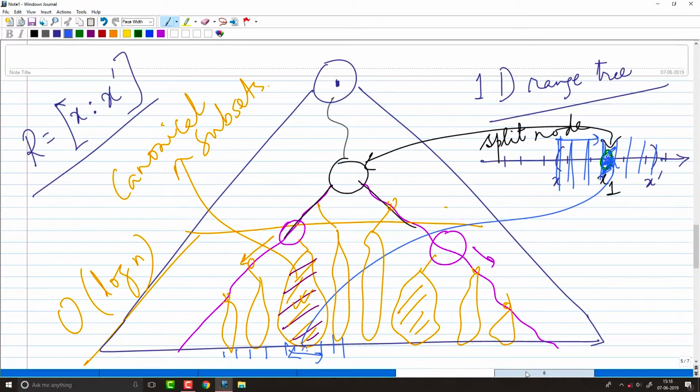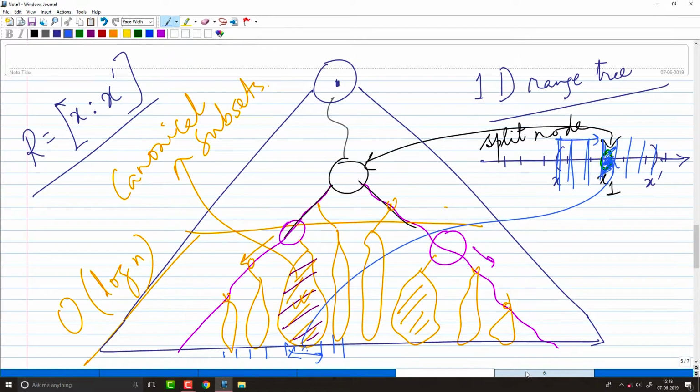Now, come back to your 2D range tree. So, my first goal is, I look at the x coordinate of all the points, construct a one dimensional range tree over the x coordinates only. If I do an x to x bar kind of search on this tree, I will correctly locate all points that satisfy the x coordinates. I am not sure of the y.